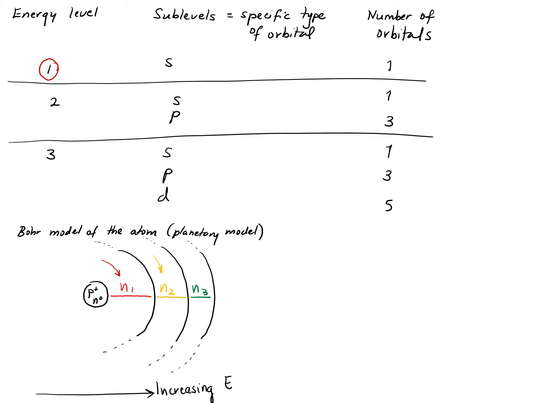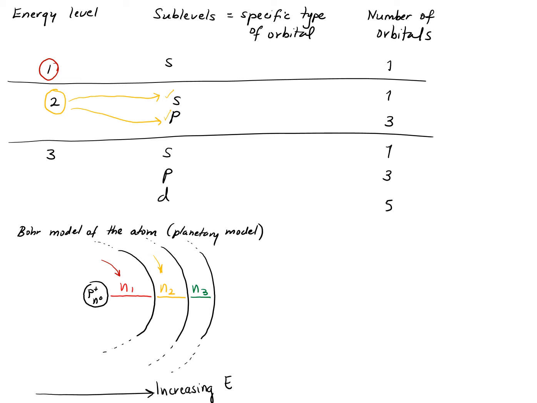Now we move to the second energy level right here. On the second energy level, we have two sub-levels. Two sub-levels means that we have two different types of orbitals. Those two types of orbitals are an s orbital and a p orbital. Second energy level, two types of orbitals, s and p.